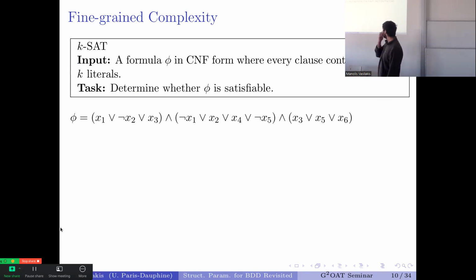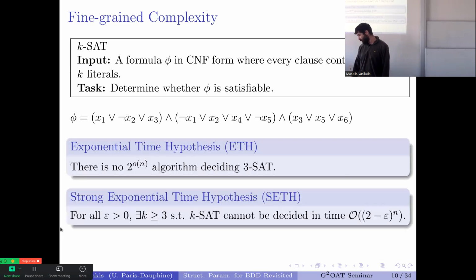I guess we all know the k-SAT problem, and here is a formula, where k is the number of literals that we have at most per clause. And here are our hypotheses. The first one tells us that you cannot solve 3-SAT in time 2 to the little o of n.